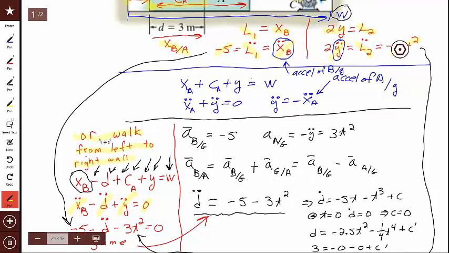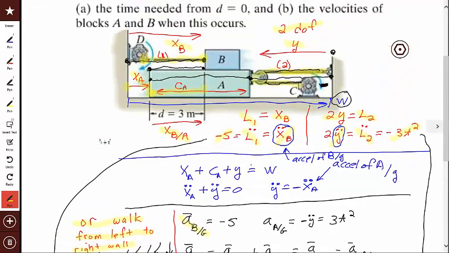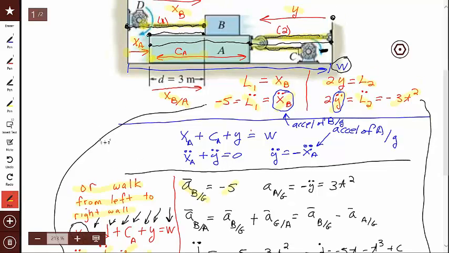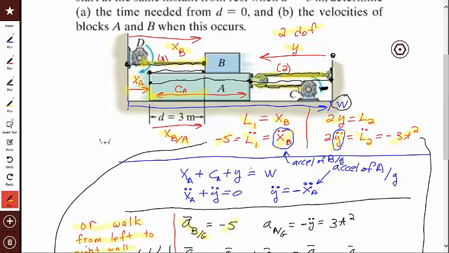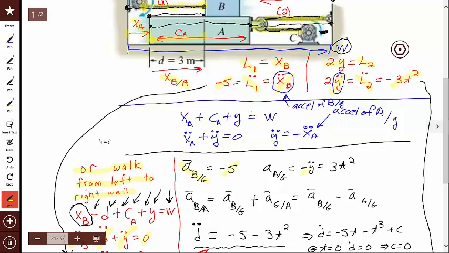So the acceleration of B relative to the ground is xb double dot, which is minus 5. I got that from the rope equation. If I look at the acceleration of A relative to the ground, that's equal to minus y double dot, right?